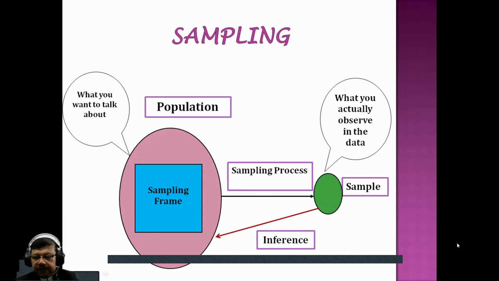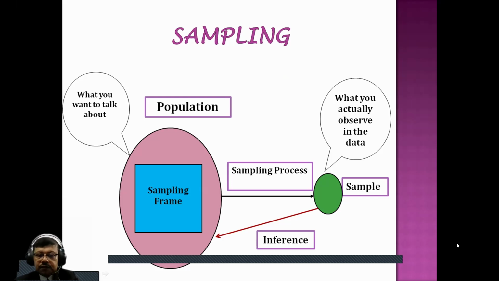Then obviously the sampling process, and that sample, the green circle, is the sample we observe. That is what actually we want to observe in this data. Based upon that observation, we again come back to the inference about the population.